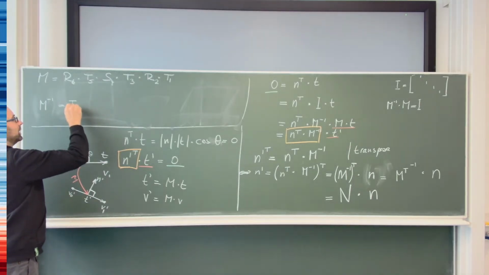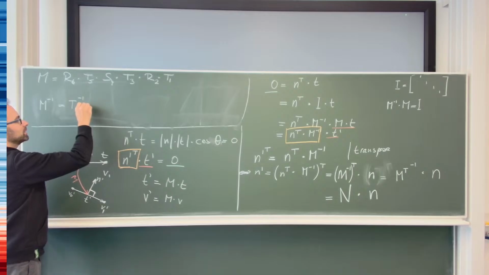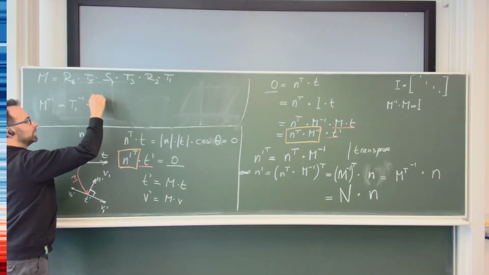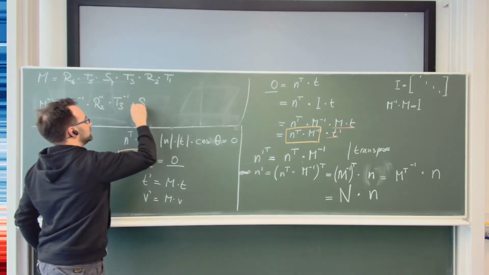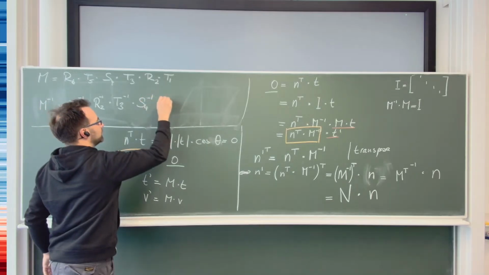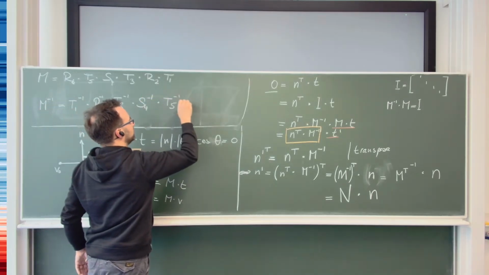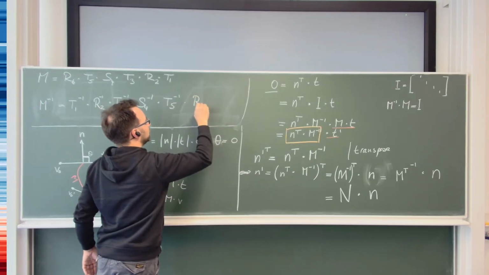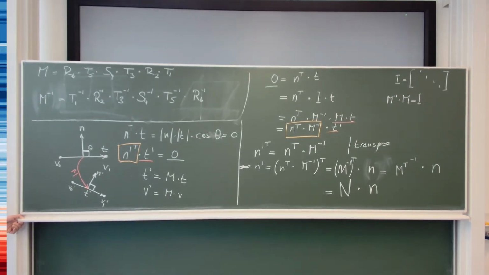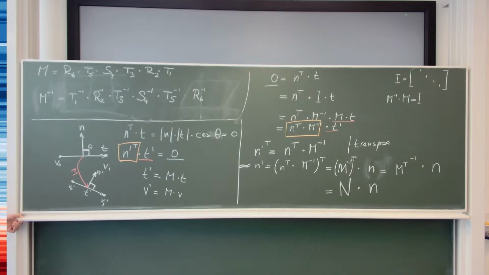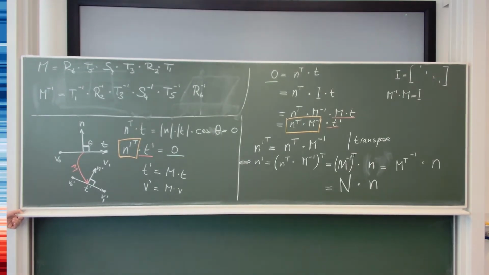So this is T1 inverse times R2 inverse times T3 inverse times S4 inverse times T5 inverse times, what was it, rotation 6 inverse. Well, glad that we did that, going down from 1 matrix to be inverted to now 6 matrices to be inverted. That was a neat trick, right?